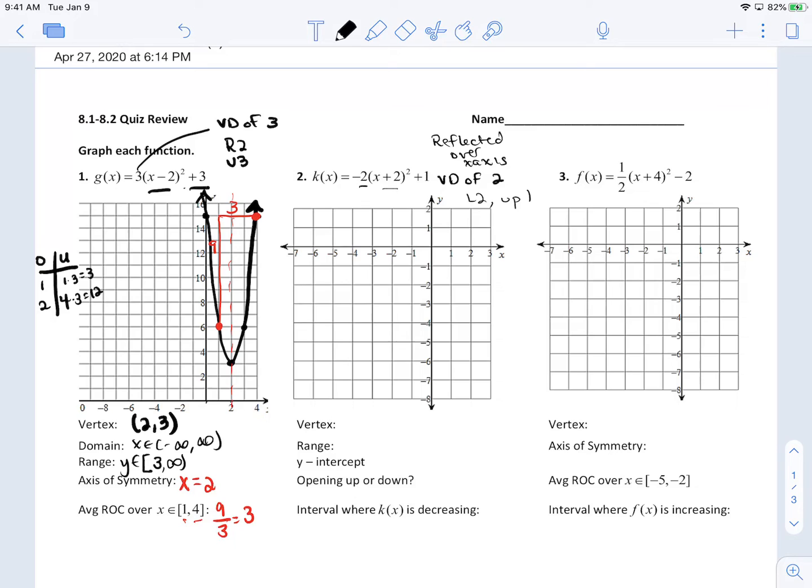Okay, so I'm going to plot my vertex first by going left 2 and up 1. We said it was reflected over the x-axis, meaning it's upside down. And then it has a vertical dilation of 2, so we're going over 1, down 2 from that spot, right? And over 2, down 2, 4, 6, 8.